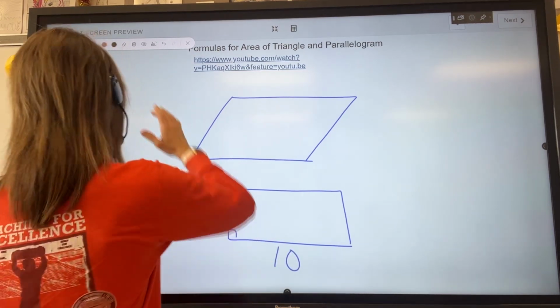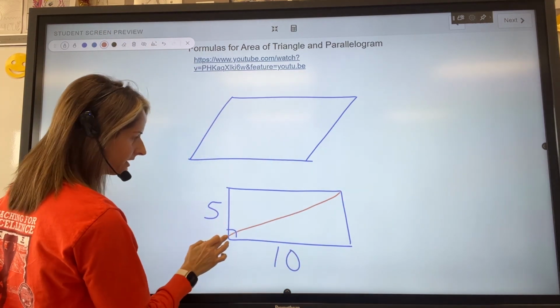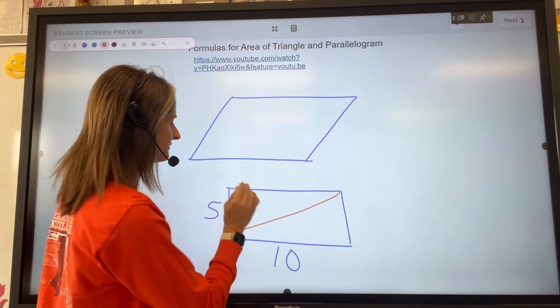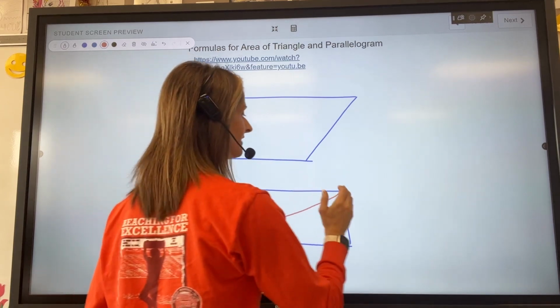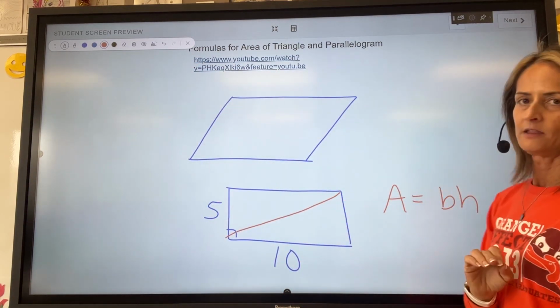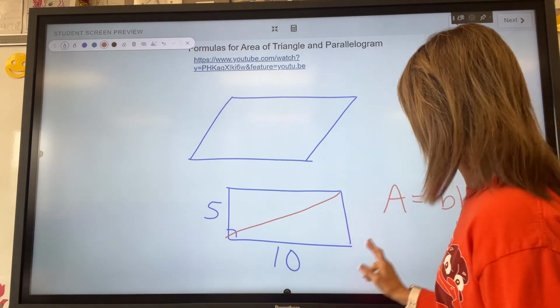But if I wanted to cut this, and I just wanted the area of this triangle, it's half, right? So the area of this triangle is 25, the area of this triangle is 25 for a total of 50 for the whole rectangle. So the formula for area of a rectangle is the base times the height. The formula for the area of a triangle, which is on your formula sheet, is 1/2 of that.